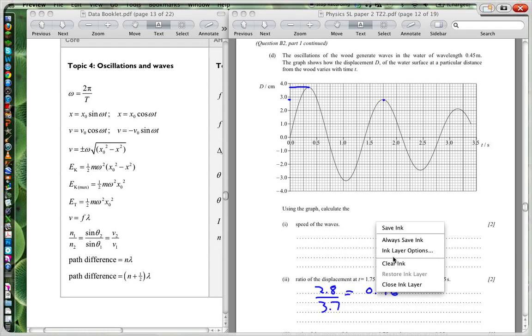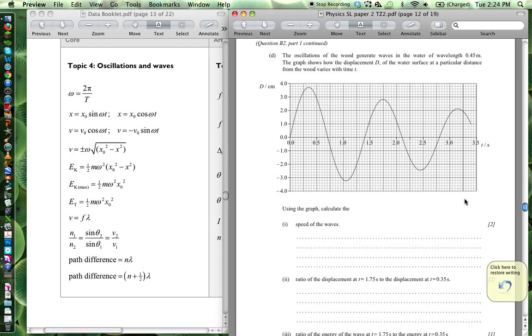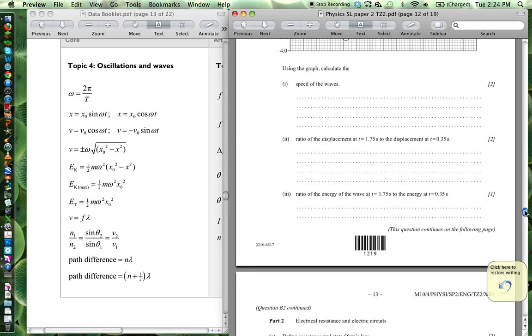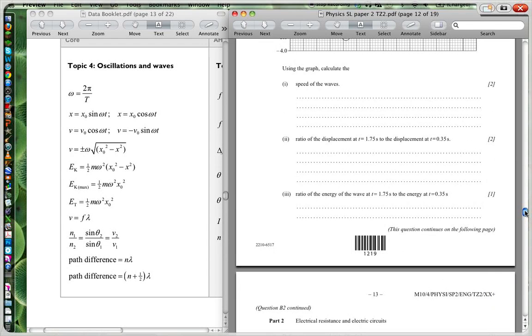Now, the last question here relating to this is the ratio of the energy of the wave. Now, if we look here, we see that the energy of the wave is related to x0 squared. For both of these waves, we're going to have our omega the same, the mass is the same, but our energy is related to an x0 value. So therefore, the displacement, when we're looking at energy, we would have to square that term.